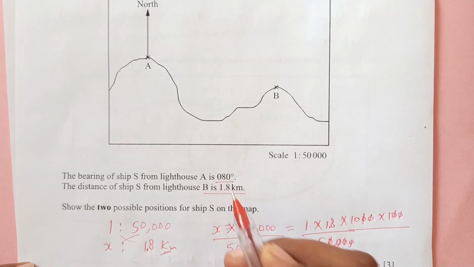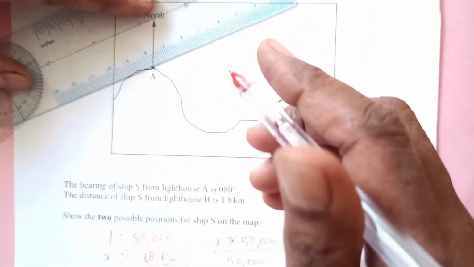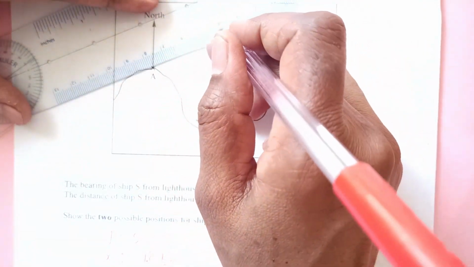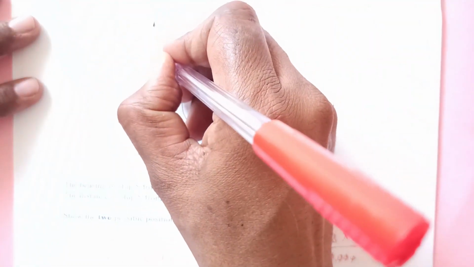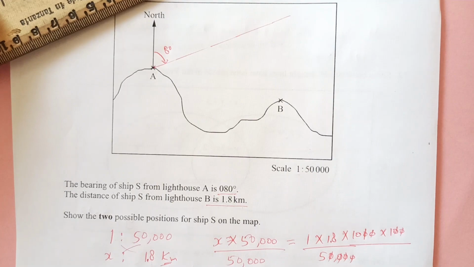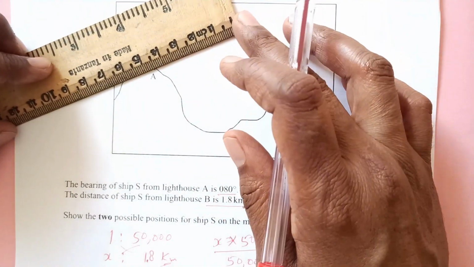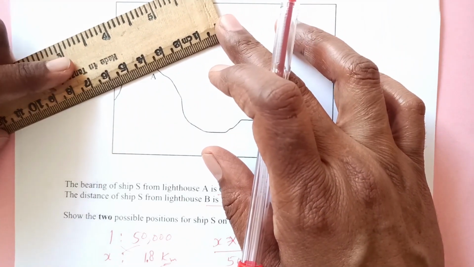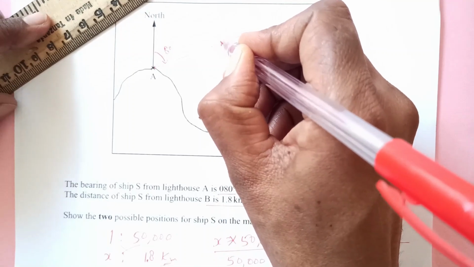So now what you are going to do here, you are going to make an angle of 80 degrees from this line. I'm just making a rough diagram right now. I don't have the protractor. So 80 is going to come somehow like this. You are going to make this 80 degrees here, and then you cut 3.6 centimeters from A. So 3.6 is going to be somewhere here, right?